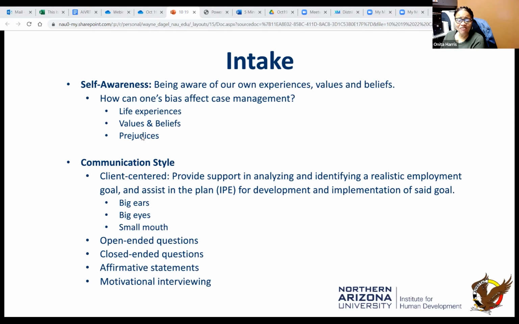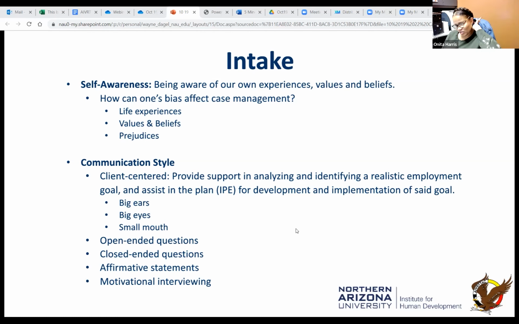All right, so awareness, being aware of our own experiences, values, and beliefs. How can one's bias affect case management? Guess what? It can, because we're human, just like the people we're serving. Life experiences, values, beliefs, and prejudices can affect how we case manage.